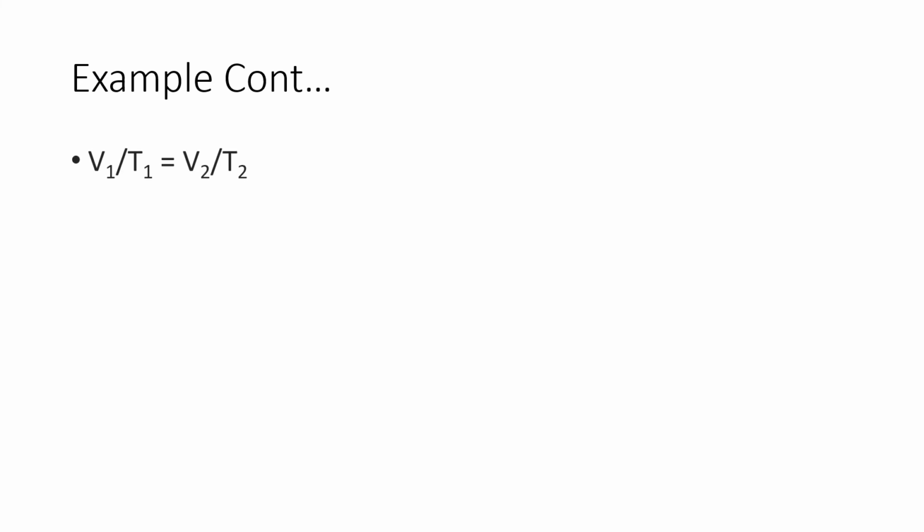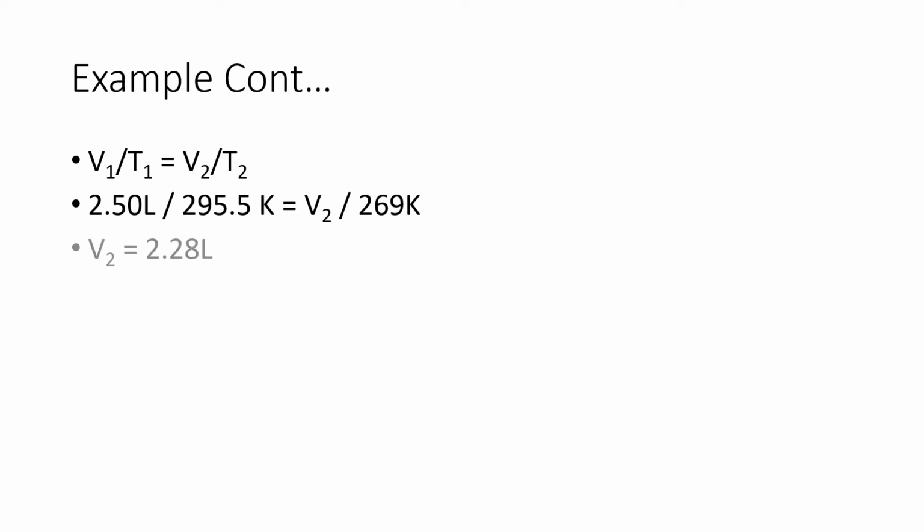Plugging in what we know in this equation, we have our volume 1 divided by our temperature 1 equals volume 2 over our temperature 2. Solving for volume 2, we get volume 2 equals 2.28 liters, which is our new volume.